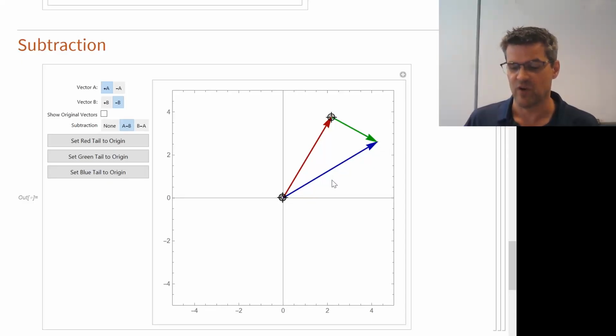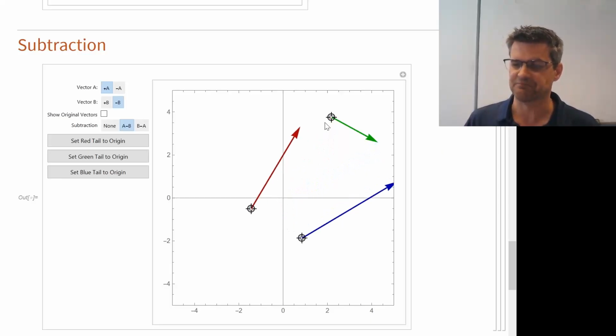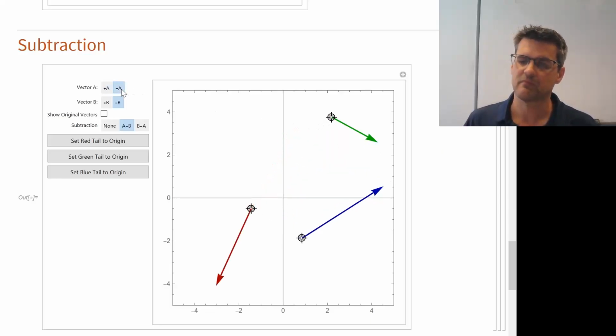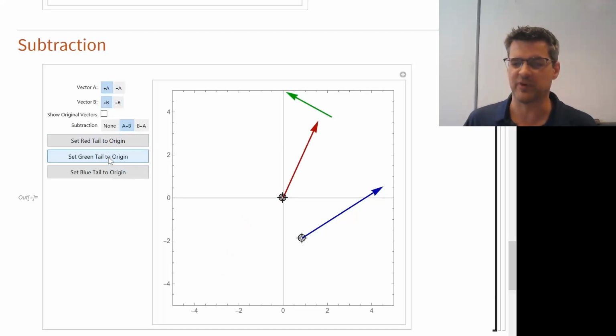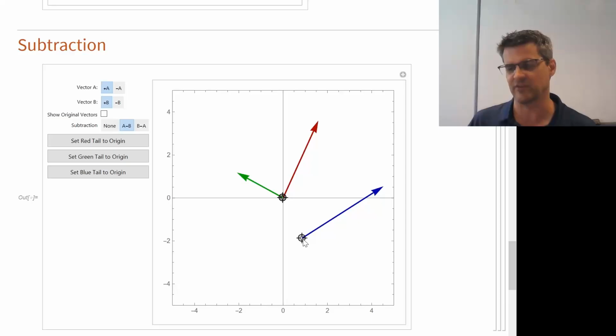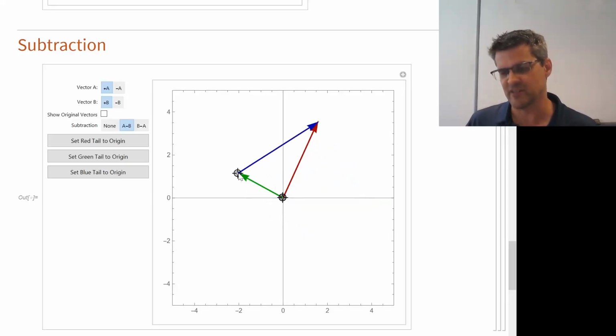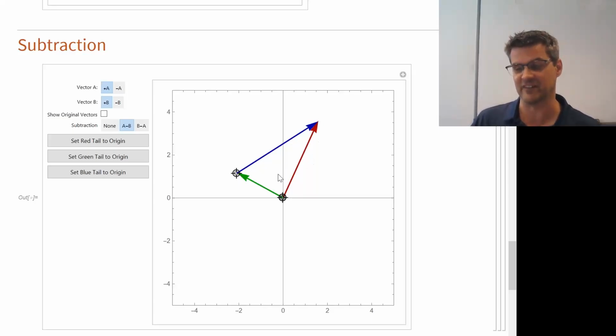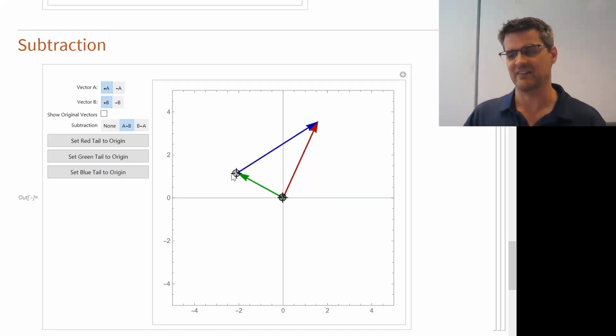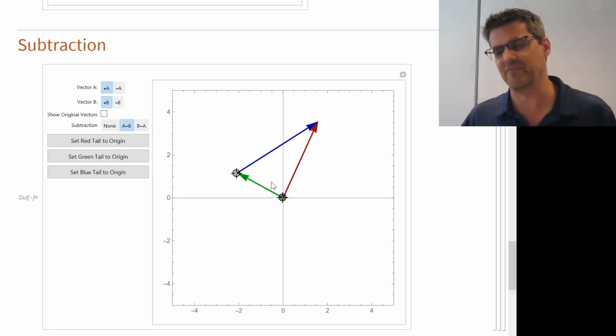Interesting. What is another way to talk about A minus B? So we have A and B. I'm going to put both of them at the origin like so. You'll notice that this blue vector also points from the head of one vector to the head of the other vector. This is A minus B, right?